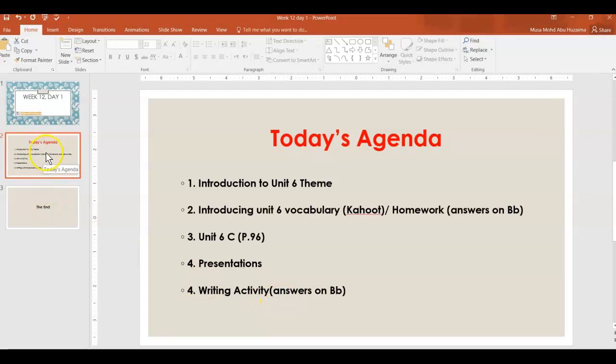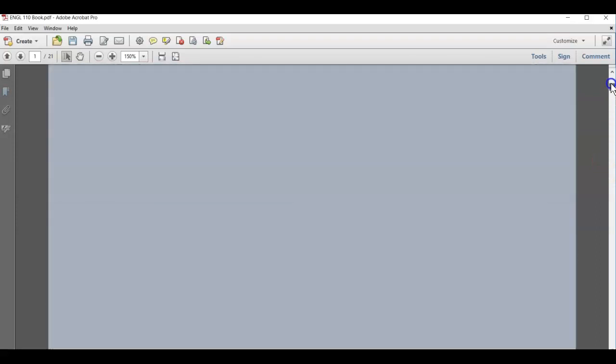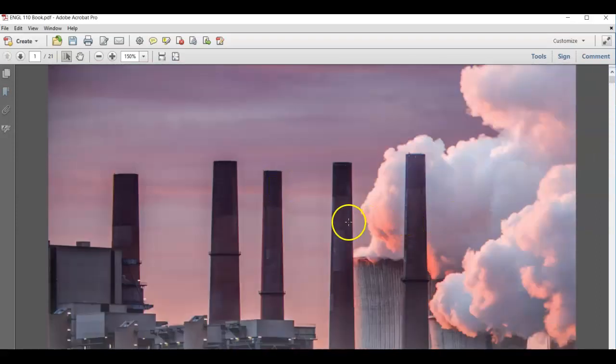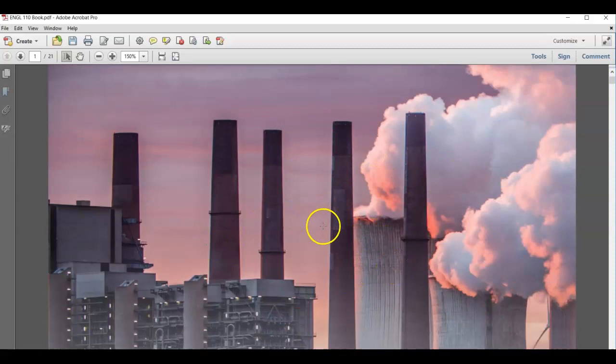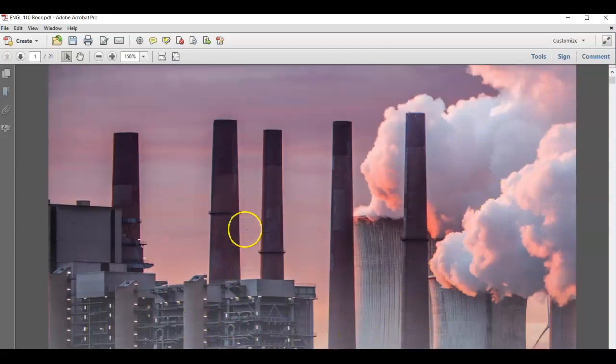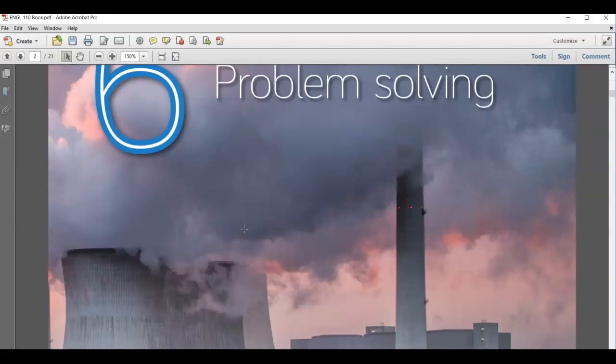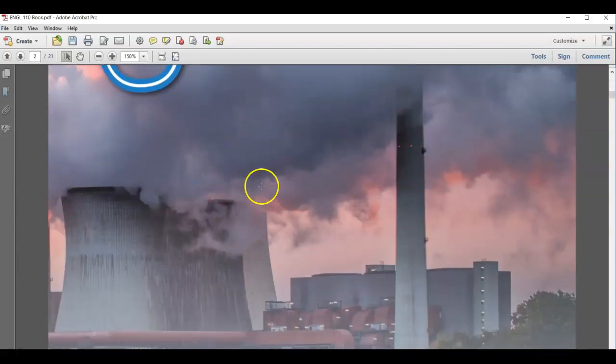Okay, let's get started with the theme of Unit 6. Unit 6 begins with this photo, which is depicting a factory and smoke coming out of the factory. And if you look at the other page, page 91, you'll see the rest of the smoke and the sky color.